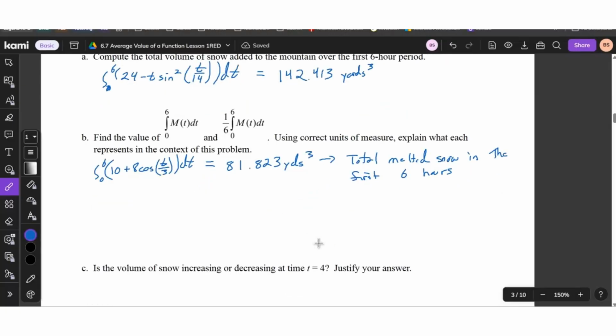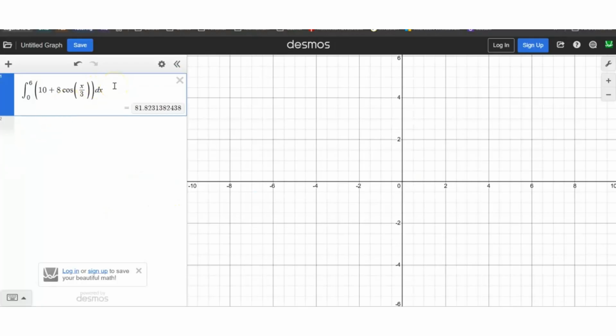All right, now let's find the next one, which Tomas already correctly said. That's just going to be the average per hour, right? So can't we just grab that number? Absolutely. To shortcut ourselves here, because we know what this is doing, we're just going to say that it's 81.823 over 6, which is going to give us 13.637.